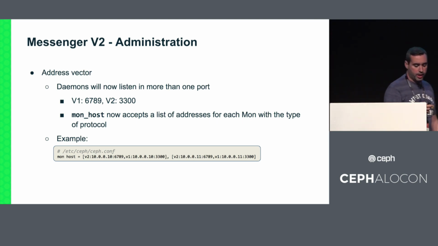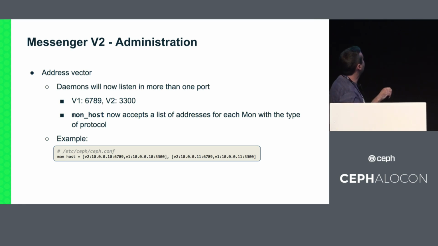I have here an example of the mon host configuration option. Now we can specify for each mon, inside brackets, a list of addresses, and we have to prefix the IP address with the type of the protocol, so v1 or v2, and then specify the port.